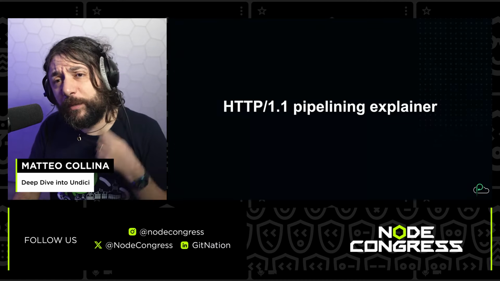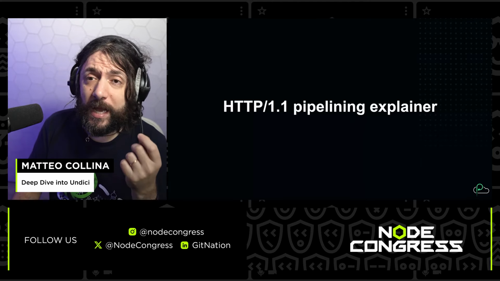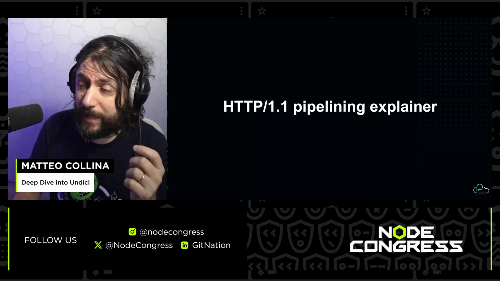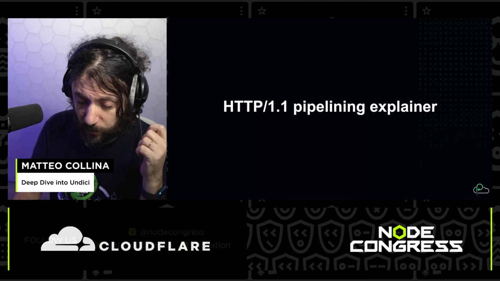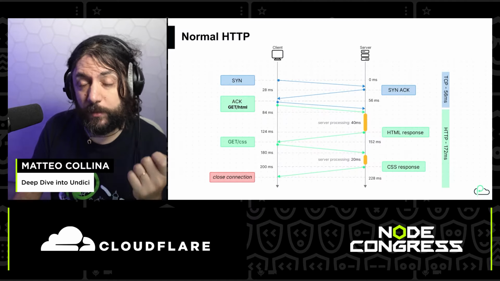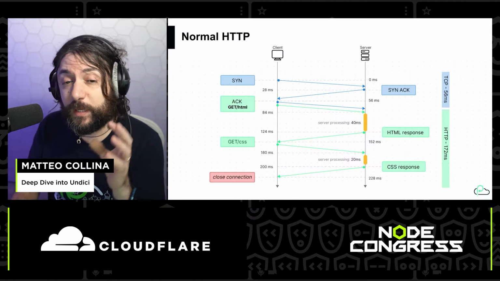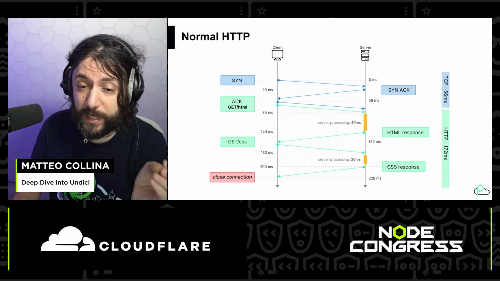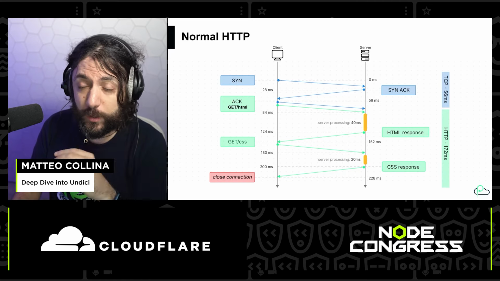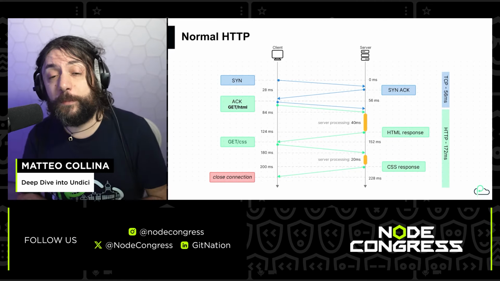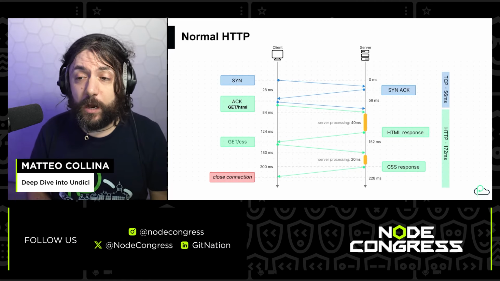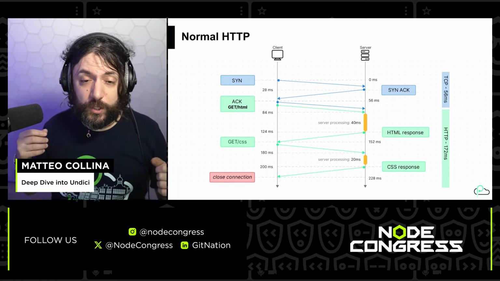I talked a lot about HTTP 1.1 pipelining, and I really want to explain it, because otherwise you probably won't know what I'm talking about. In a normal HTTP request, when you open a request from a client to a server, first of all, there is a ping pong of the opening of the HTTP request.